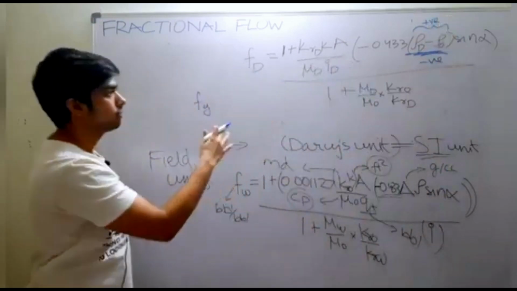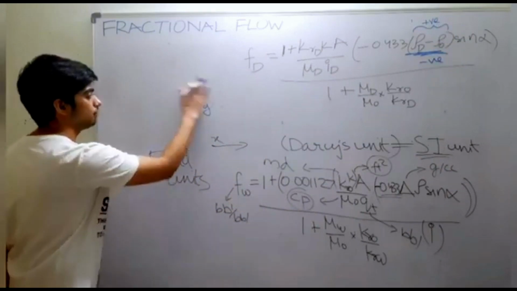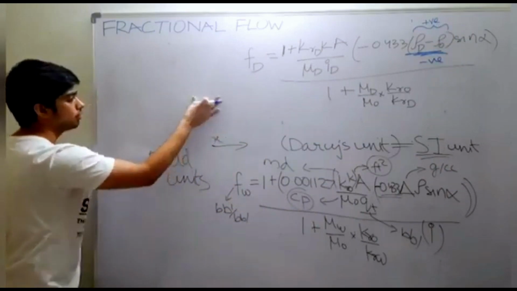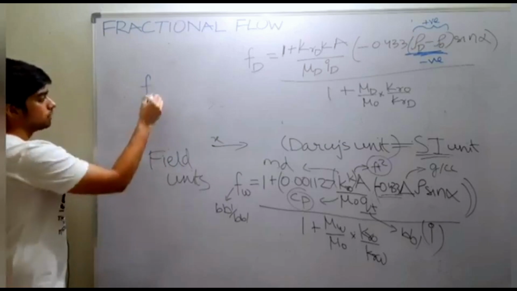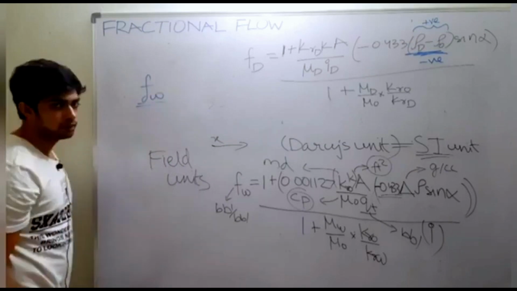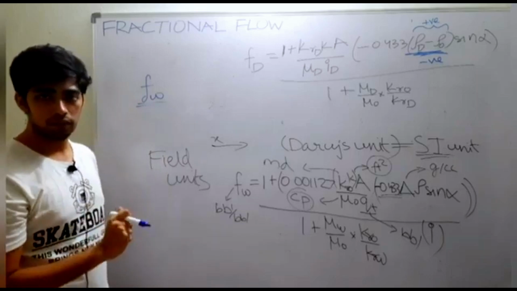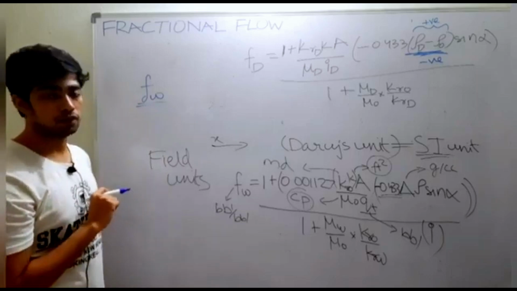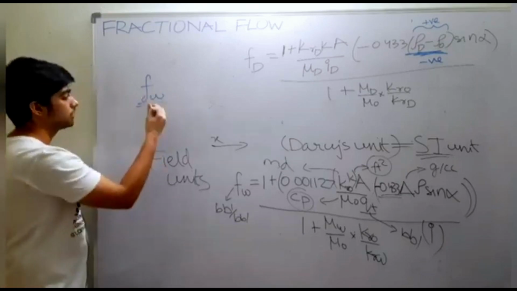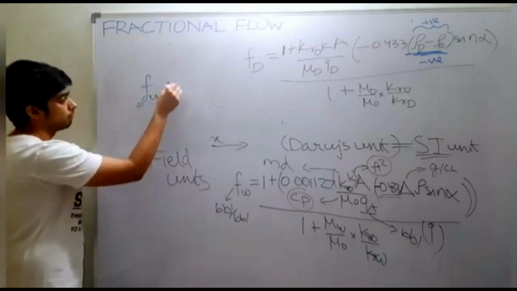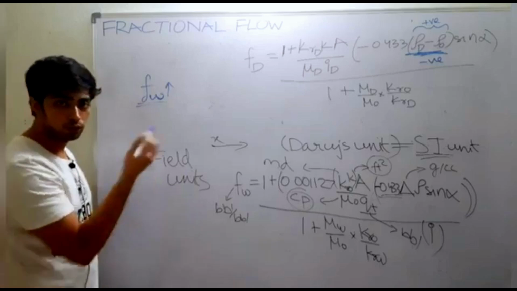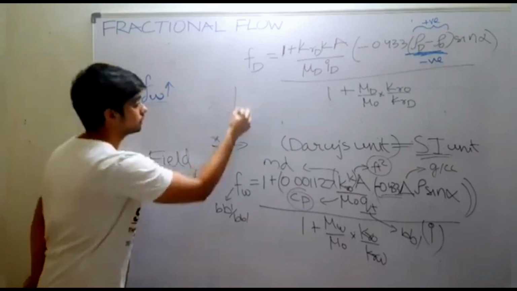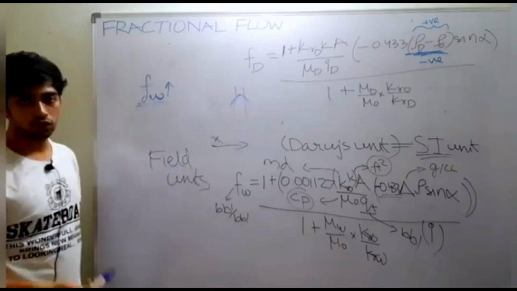Before further discussing that part, let us understand the concept of fractional flow and why it is important. For the fractional flow of any fluid, let's say water, the higher it is, the worse it will be for us, because if the fractional flow of water is high, then a large amount of water is flowing from injector to producer well, and hence we will produce a large amount of water.